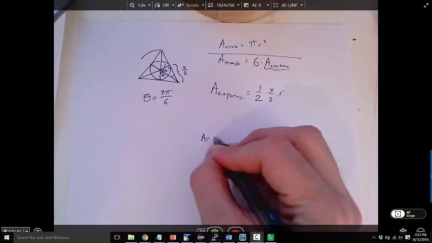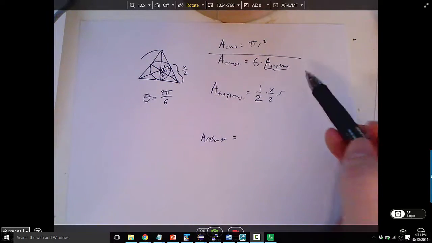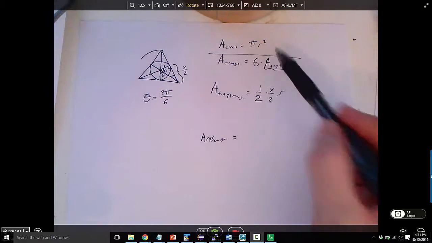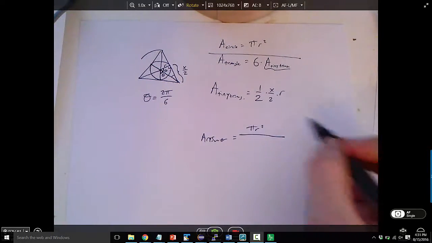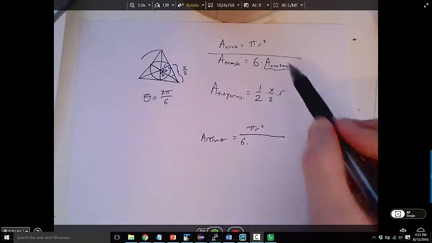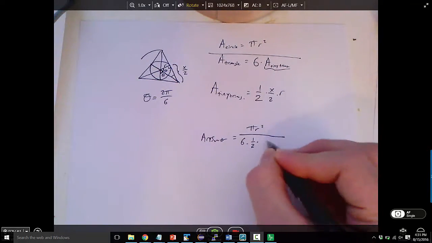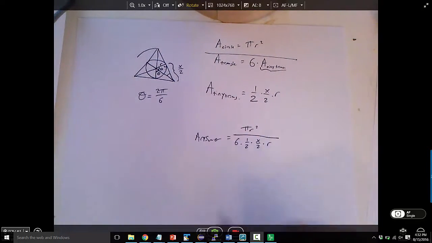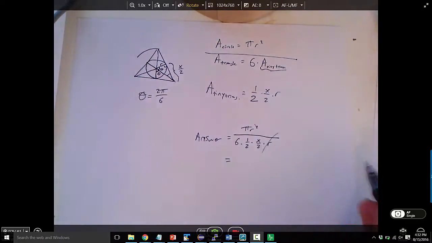My final answer, I know, was supposed to be the ratio of those two areas. So this divided by that. Let's do pi r squared divided by 6 times the area of the tiny triangle, which is 1/2 times x over 2 times r. Okay, so far so good. So I get an r canceling with this r up here.